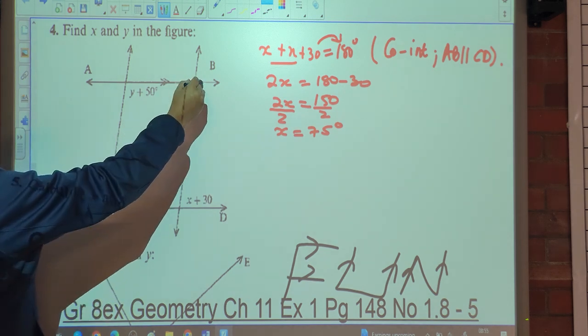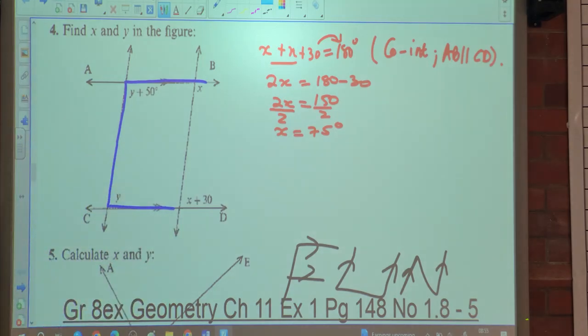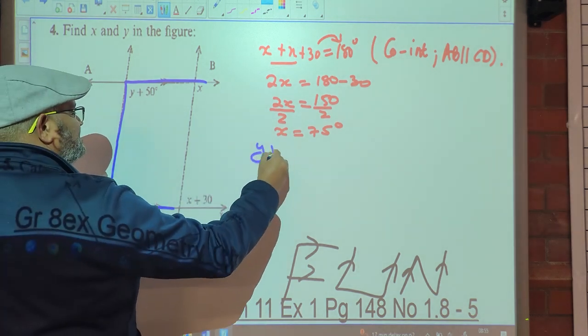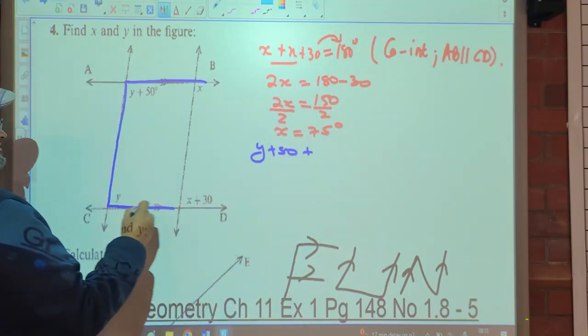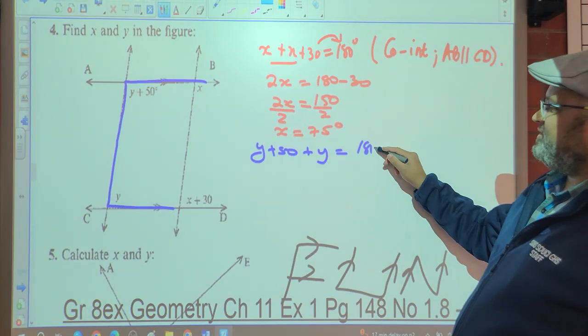Alright, so let's go. I'm going to calculate y. Again, co-interior. You all agree with that? So what did we say? y plus 50 plus y equals 180. Why?